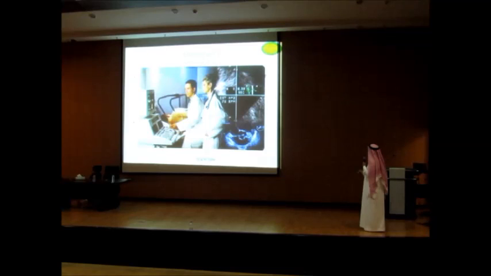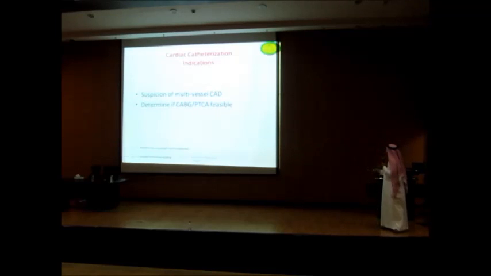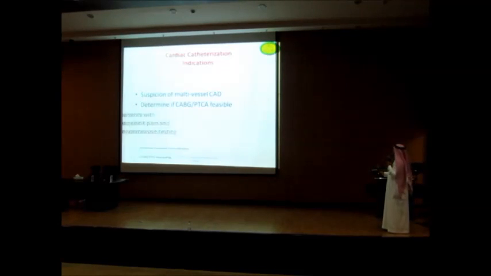Catheterization is indicated when the patient is suspected of having multivessel disease, to determine what is the best treatment for this patient: is it CABG or just stenting, according to the disease.